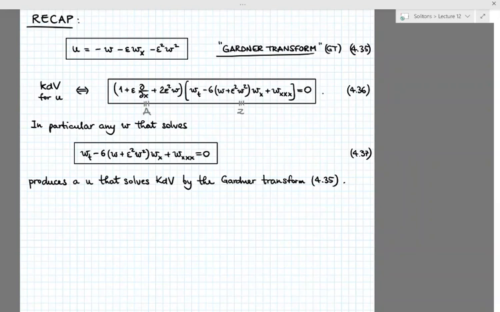To proceed, we're going to think about all of this construction backwards.